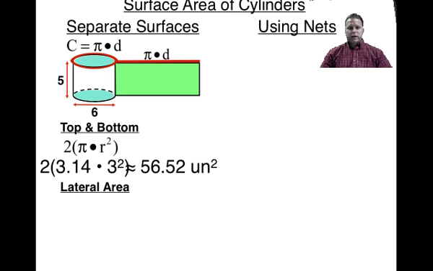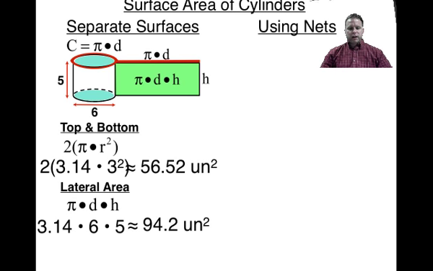So in this case we've got pi and our diameter is 6. Then we have our height times 5. So we're going to have pi times d times h, which if we plug everything in, it's 3.14 times 6 times 5, which comes out to 94.2 units squared.